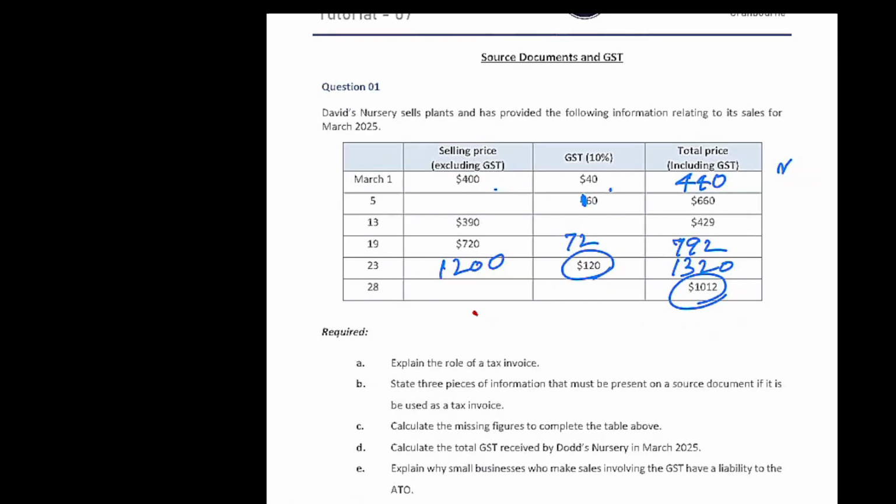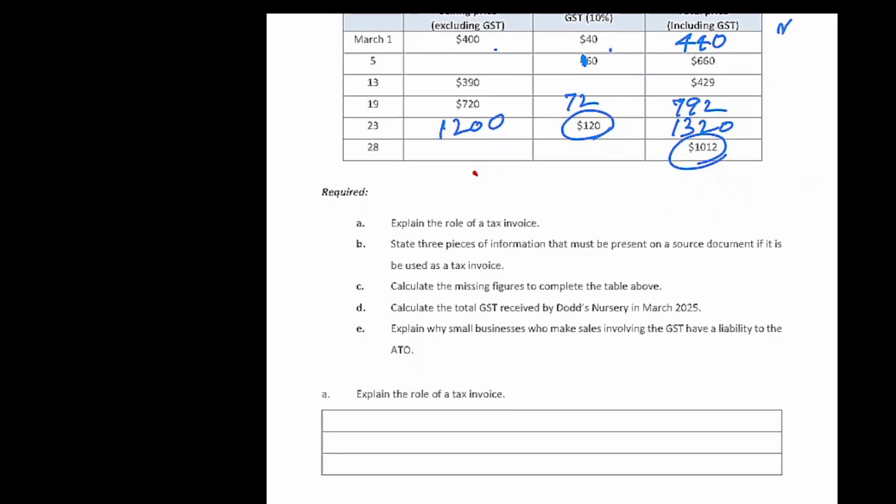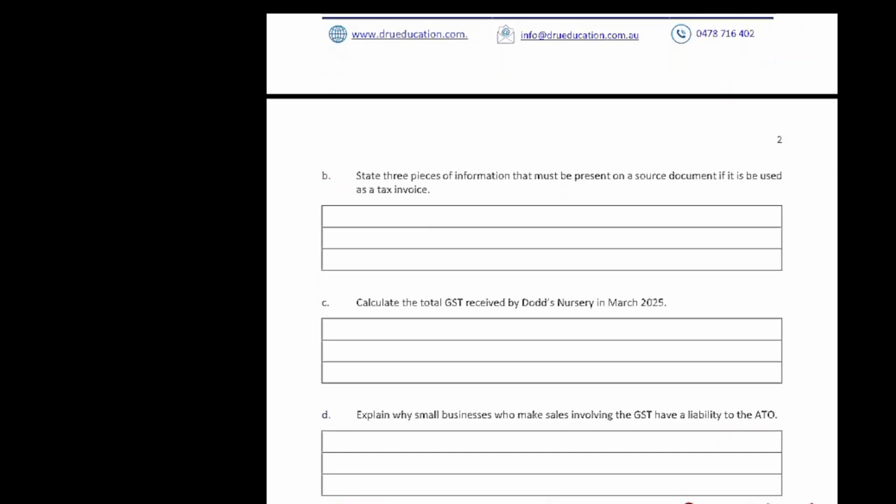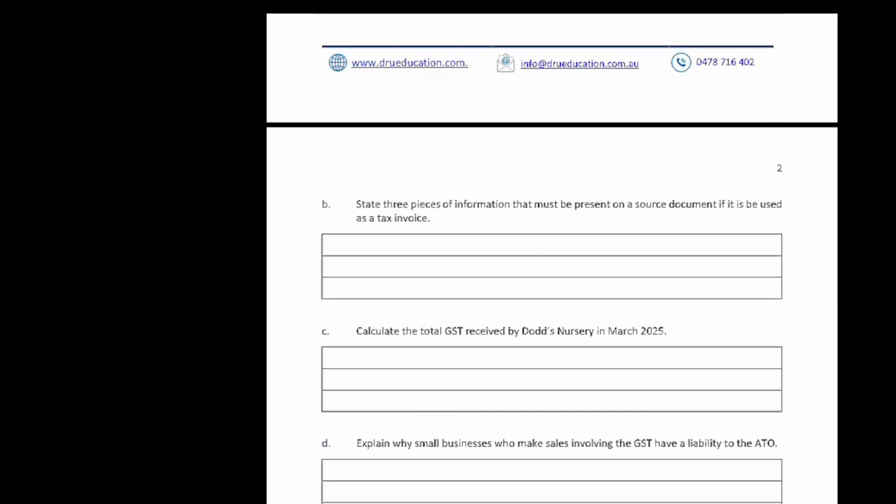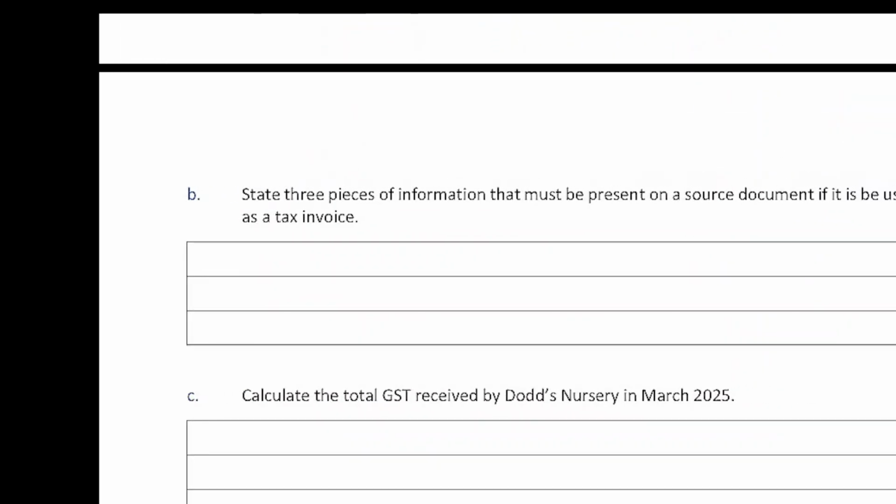For example, two debits or two credits, instead of one debit and one credit entry.